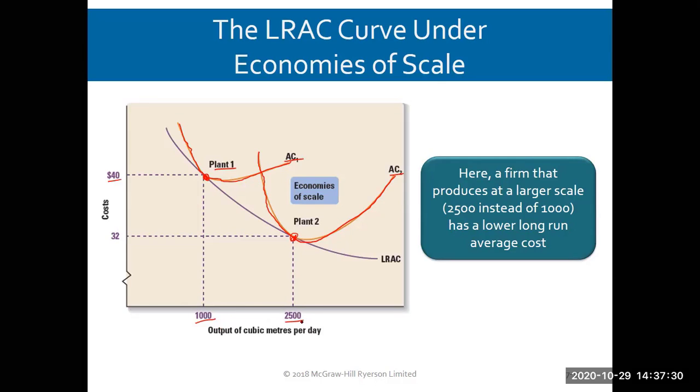From 1,000, it went to 2,500, and you only just doubled your input. Or for example, I could say, what if you increased your inputs by 67% and output went up by 80%? You've more than doubled your output. So what happens effectively is you lowered the average total cost of production down to 32.